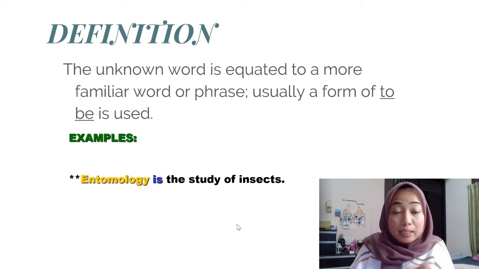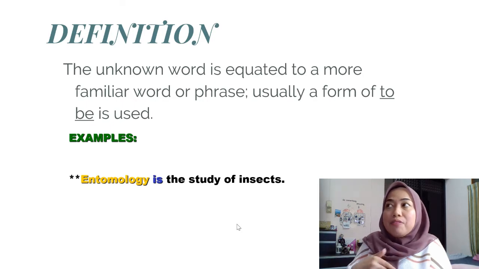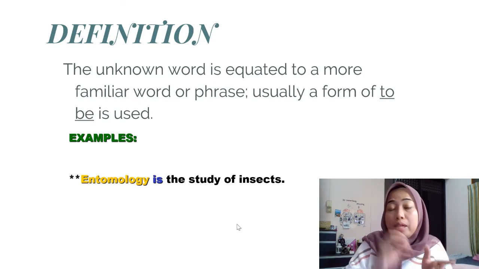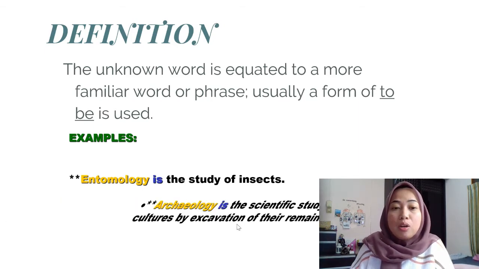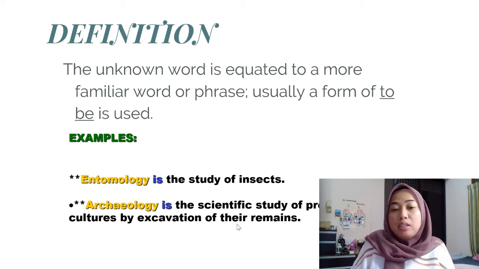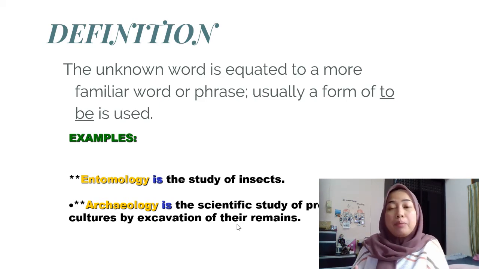So let me, like this example over here, entomology is the study of insects. So it's very direct and it's very there. And you would instantly know that entomology, the meaning of it is actually the study of insects. Or archaeology is the scientific study of prehistoric culture by excavation of their remains.